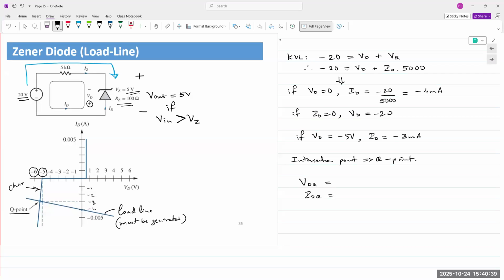IDQ is slightly above 3, so -2.9 milliamps, and VZQ is greater than 5, we could say 5.2, 5.3. I would say it's closer, yeah, it's 5.2 or 5.3.